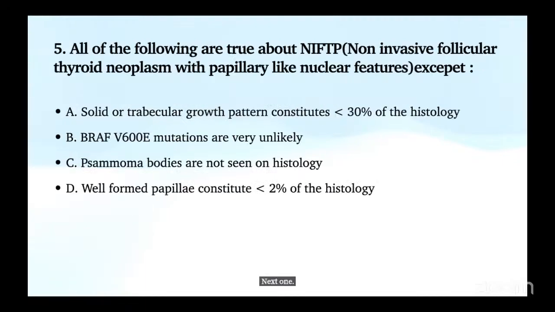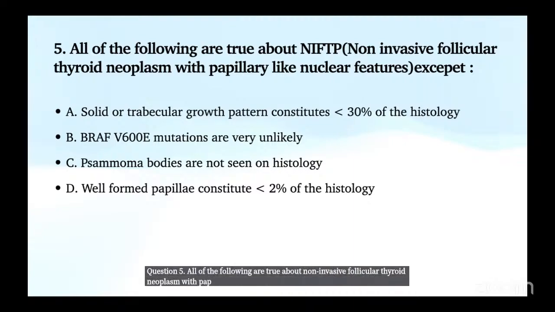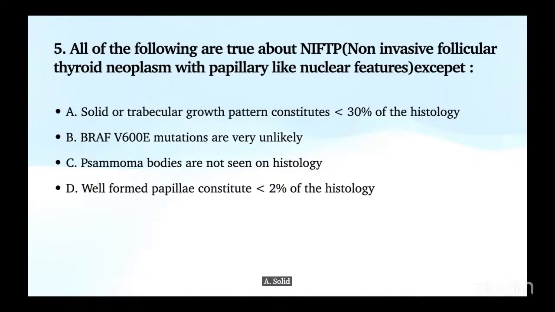Question 5. All of the following are true about non-invasive follicular thyroid neoplasm with papillary-like nuclear features except A. Solid or trabecular growth pattern constitutes less than 30% of the histology. B. BRAF V600E mutations are very unlikely. C. Psammoma bodies are not seen on histology.